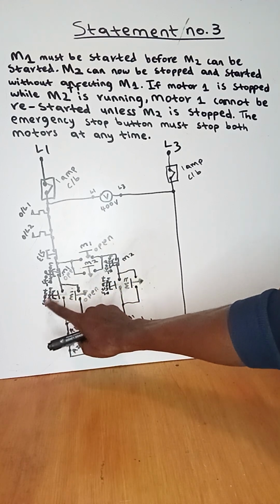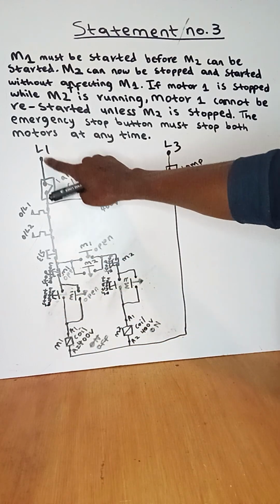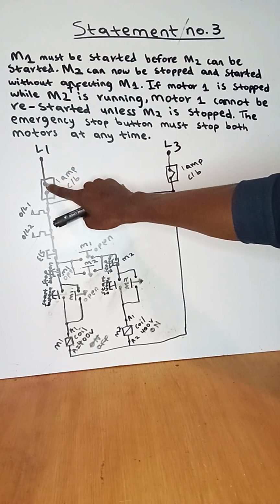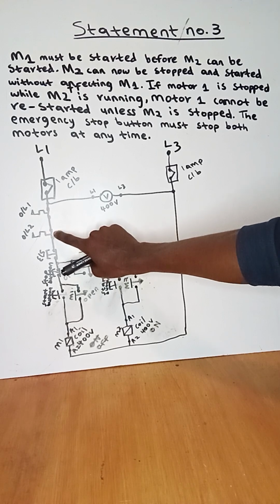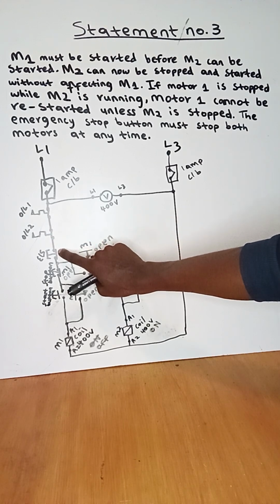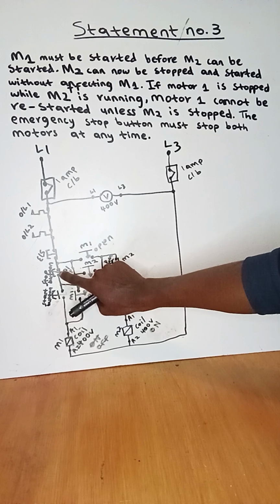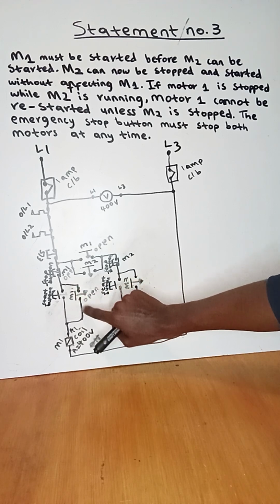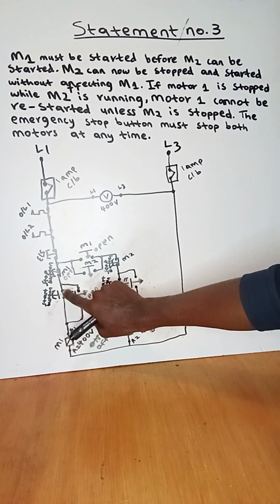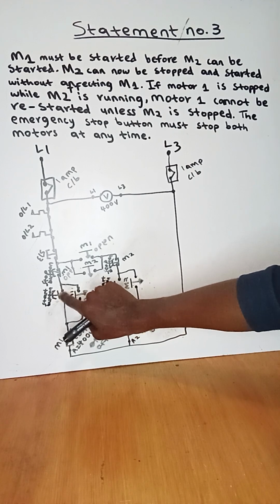So right, I'm testing my start button. Current from live 1 will flow and find a closed contact, flows, finds closed contact, flows, finds closed contact, flows, finds an open contact here, and here finds an open contact. So when I have an open contact before the start button, it allows me to press the start button.